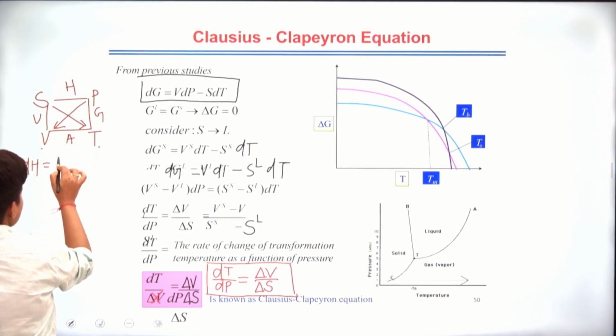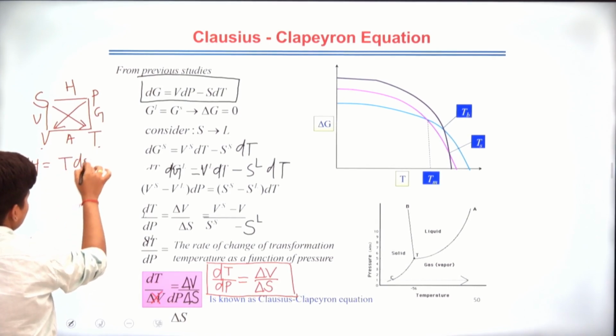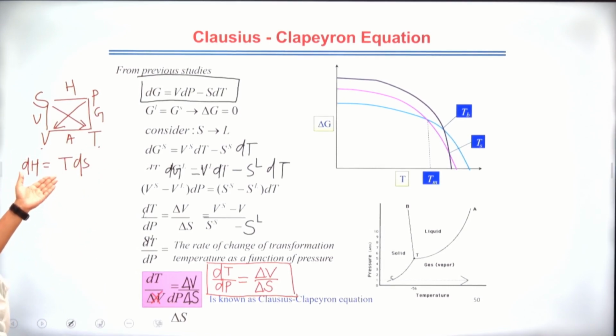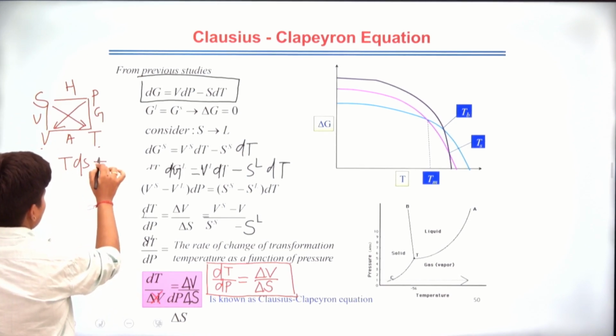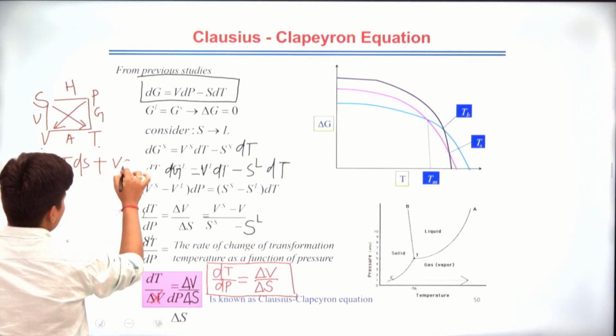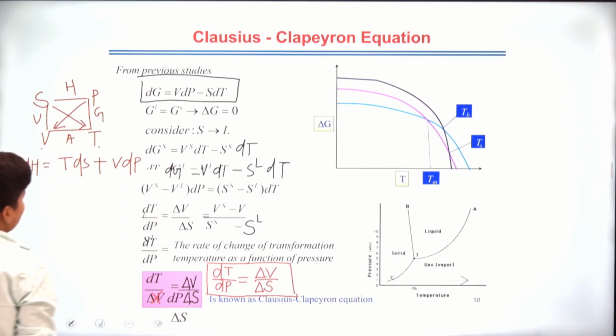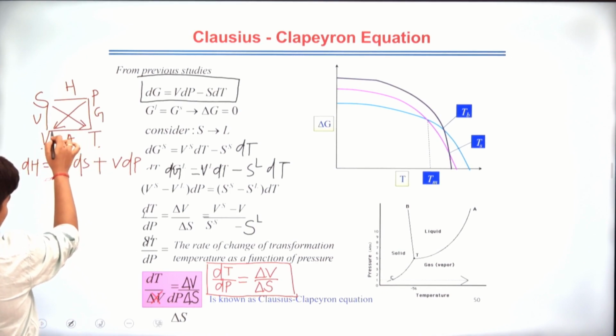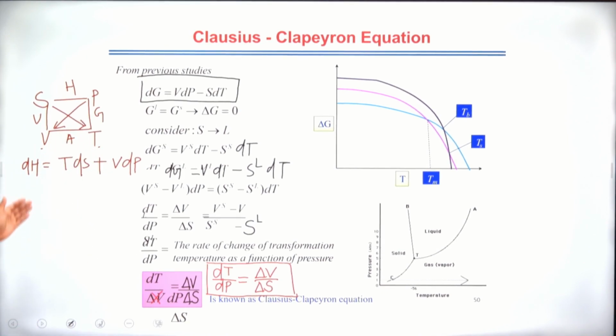So dH will be T dS, with T written as it is and S in the differential form, plus V dP, because the two terms are towards the head, so it is written in positive form. For dG, what will it be?